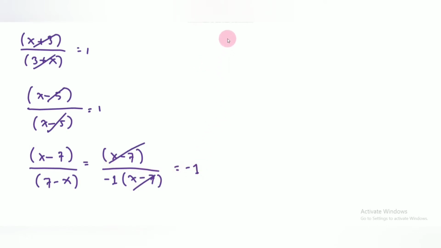Therefore, if you practice a lot, you can be aware of any kind of this same situation.